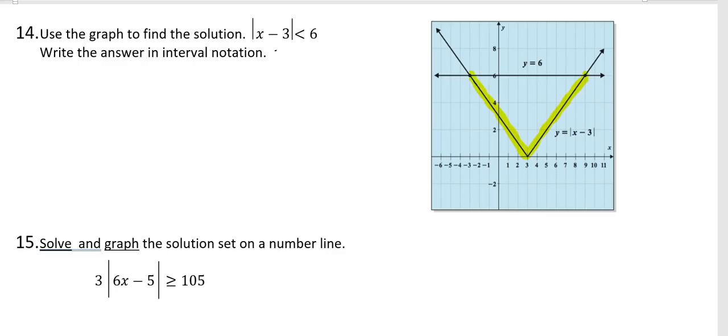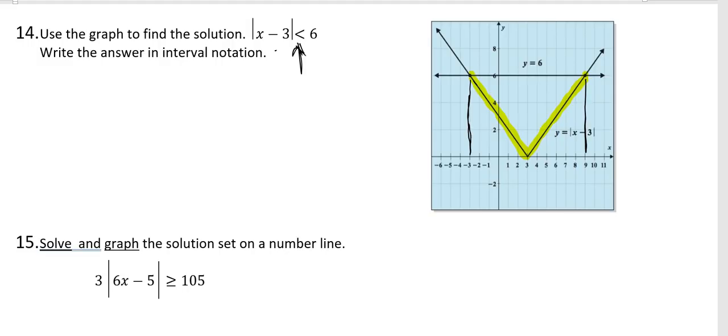So in problem number 14, we know that the absolute value is the yellow, the V, right? And we want less than, so we want to go where it's below the 6. If it had been greater than, we would go where it's above the 6. Okay, but it said less than. So we know it's less than where I drew the yellow, so I want to transfer those points down here to the x-axis. Okay, now be careful on these.